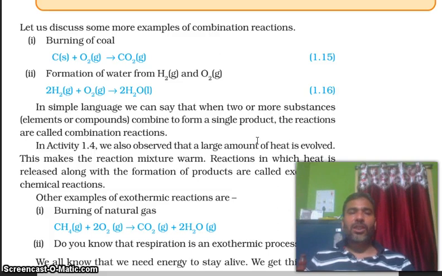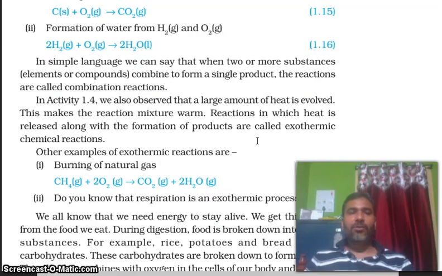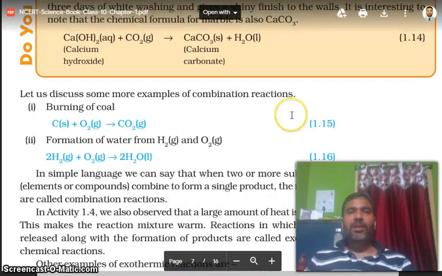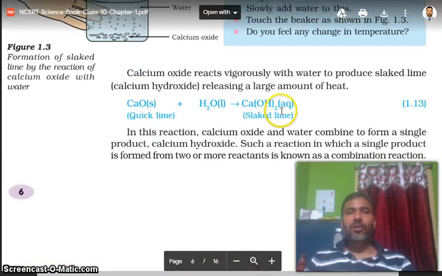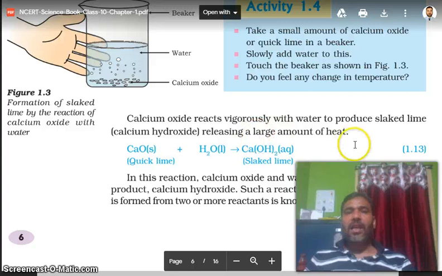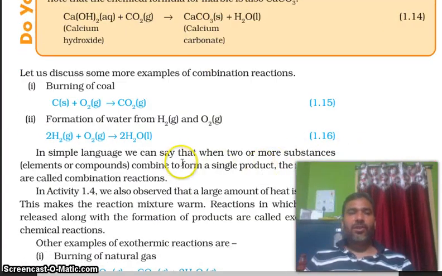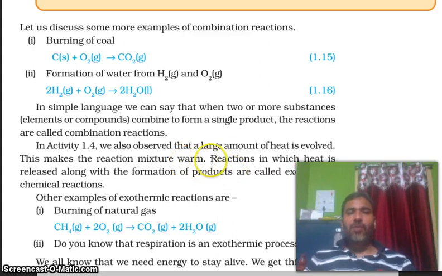Now, the reactions I showed you here are exothermic reactions because heat is released. So we observe that a large amount of heat is evolved.